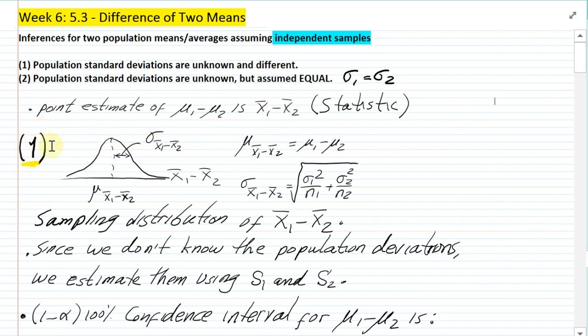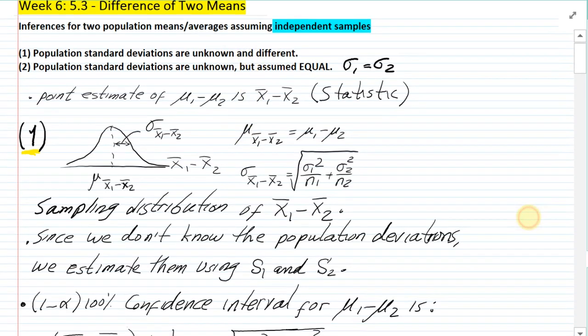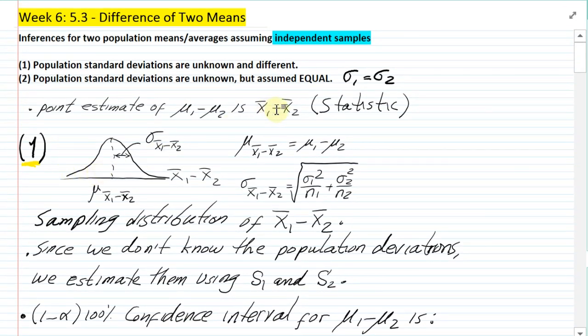Now, for the first situation where the deviations are unknown and different, the theoretical work behind this ends up being, assuming we are sampling from two normally distributed populations for x1 and x2, then the sampling distribution of our statistic, which is x bar 1 minus x bar 2, ends up being normal. The center of the distribution is going to be exactly mu1 minus mu2. But its standard deviation is going to be given by this formula.